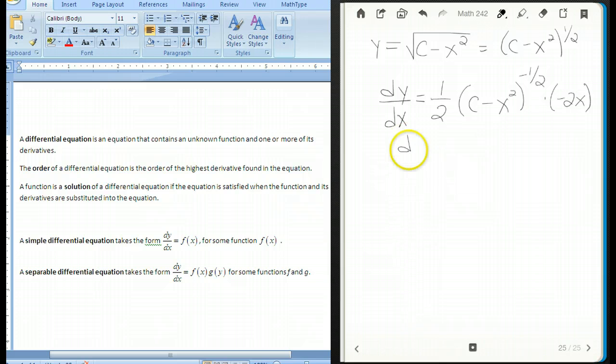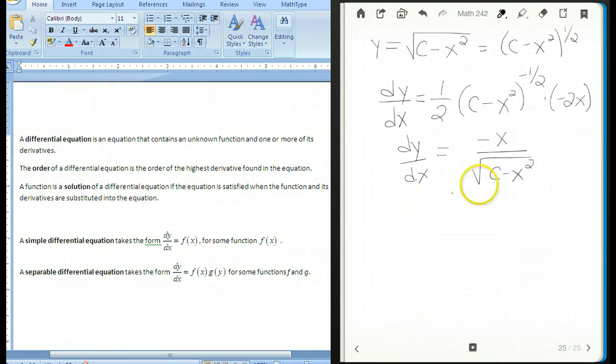Simplifying, the 2s cancel, and dy/dx is negative x over the square root of c minus x squared. If you need to write more steps, go ahead and pause, but your answer should look like this for the derivative.